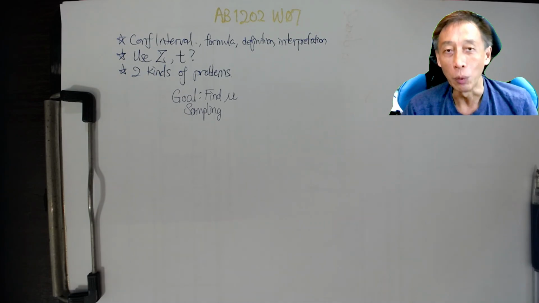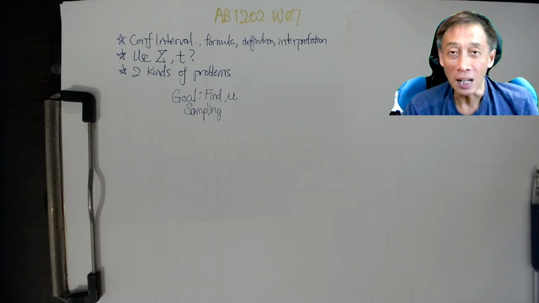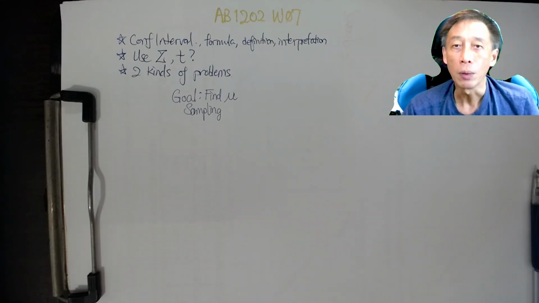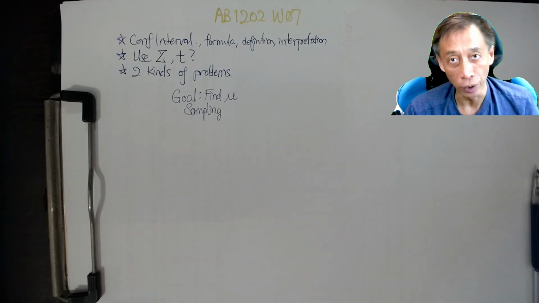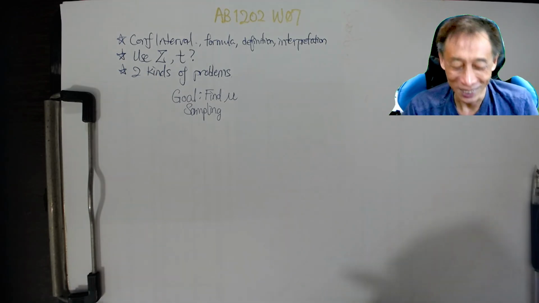We want n to be as high as possible, but the higher the n, the more expensive it is in terms of time, money, manpower, technology, sophistication, etc. So we will have to do a trade-off and find a suitable n, something that we can tolerate with the imprecision, yet affordable. So that's important.